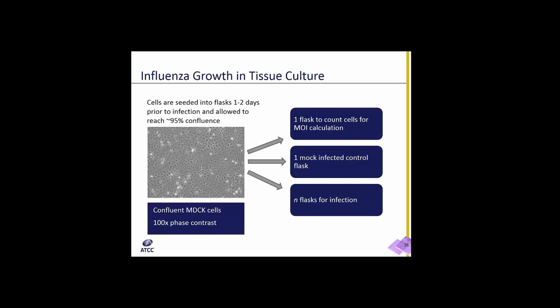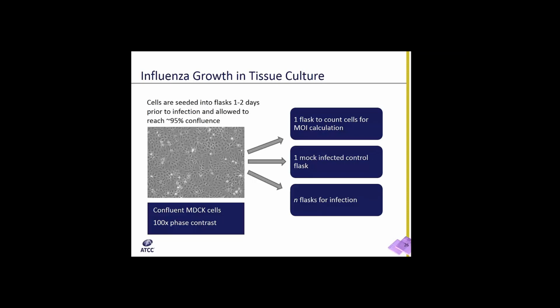Cells are split 1 to 2 days prior to infection using a seeding density that will allow the cells to reach the proper level of confluence for infection in that 1 to 2 day period. For influenza virus, a high confluence, about 95% of the flask surface area, should be attained. This high confluence is due to the virus growth media, which I will talk about on the next slide.